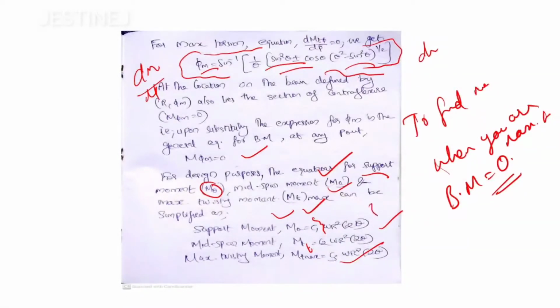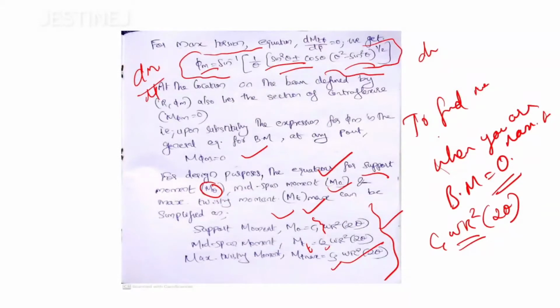You can represent those equations in a general statement: C1 multiplied by WR square, a common term, multiplied by 2 theta, and here C2, another constant, and here another C3.